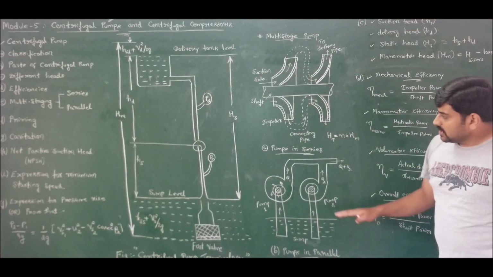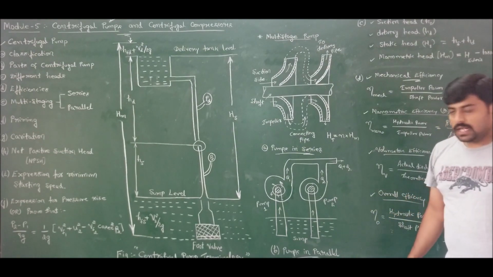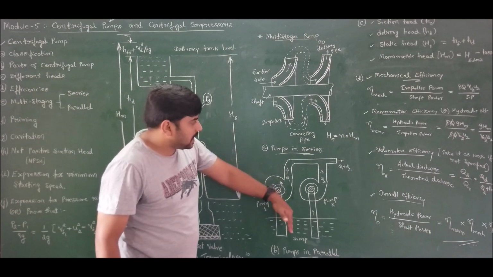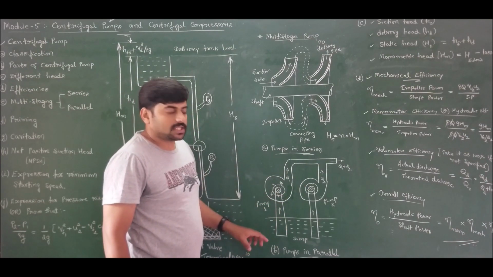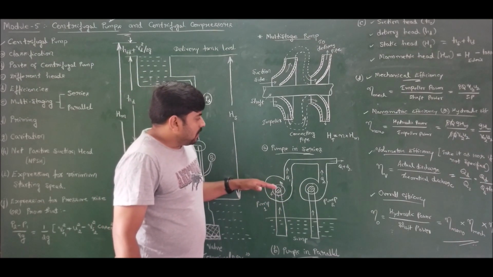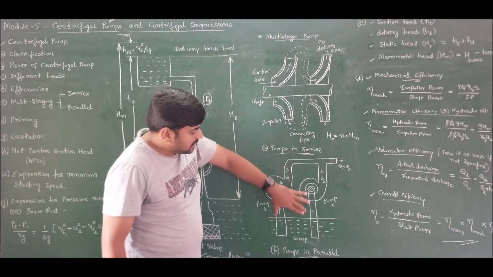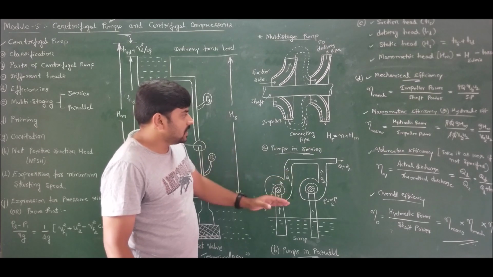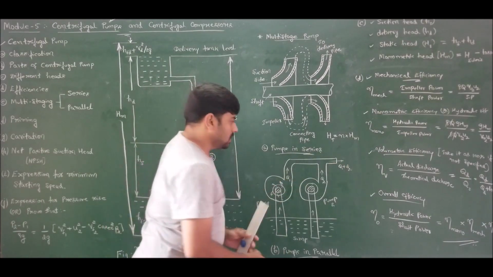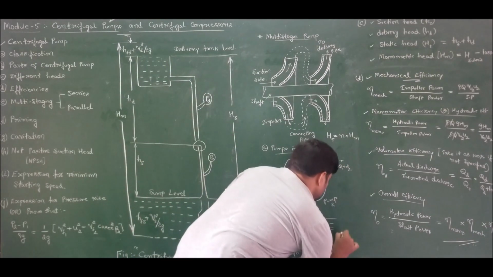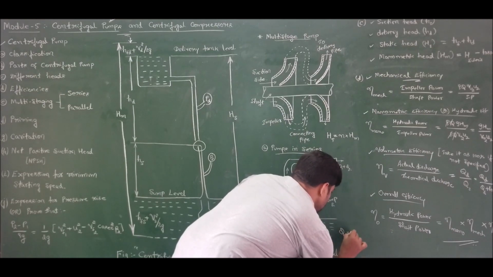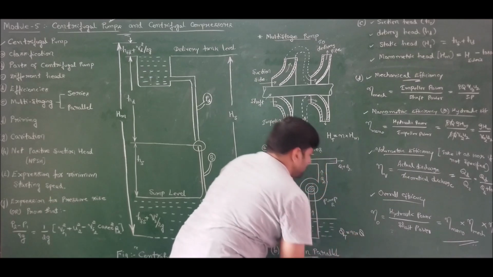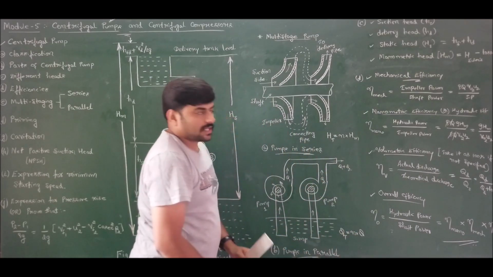On the other hand, if I connect pumps in parallel, then I will get high discharge. Pumps in parallel are recommended when you want high discharge. In this case, many pumps are connected to the same sump. They lift water from the same sump, and the total discharge will be the number of stages times the discharge of one pump, assuming that the discharge of all the pumps is the same.